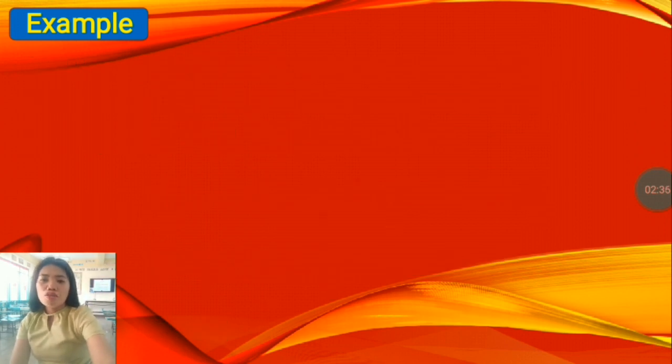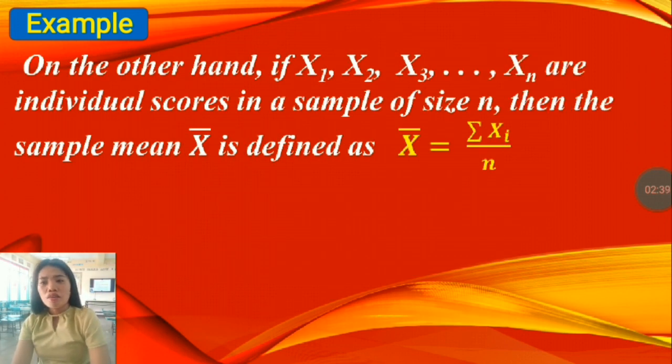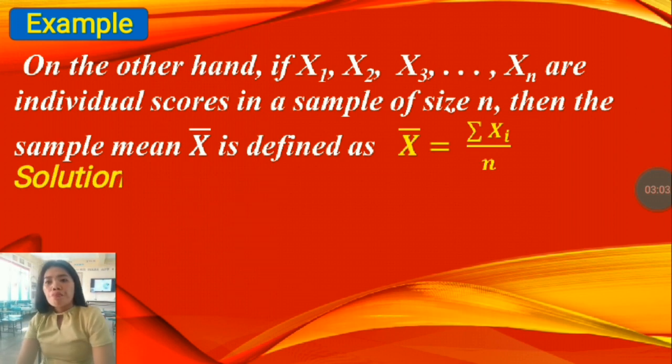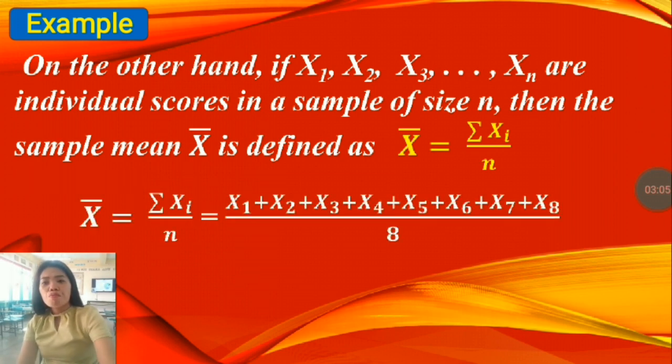Okay, let's proceed to another example. On the other hand, if x sub 1, x sub 2, x sub 3, and so on till x sub n are individual scores in a sample of size n, then the sample mean is defined as x bar equal to the summation of x sub i over n. So that would be the symbol for the sample mean. The solution would be like that, using the same given data.